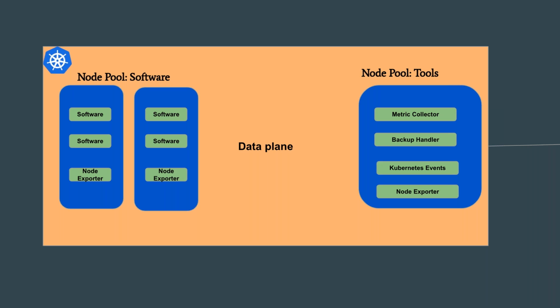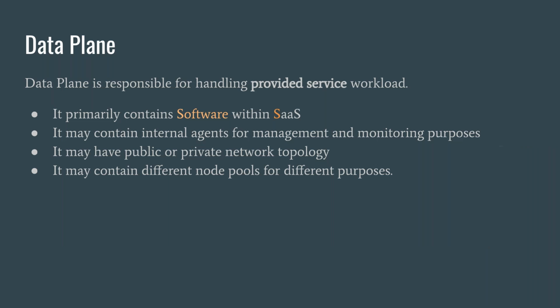Inside the data plane, you may have your actual technology, and also different kinds of agents. These agents are mostly for management and monitoring purposes. And this data plane may have a private or public network topology. We will deep dive into this in the following sections.